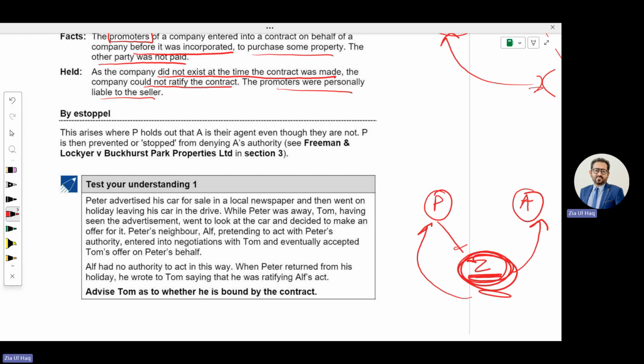Now the principal cannot deny that he is not my agent. Though he is not his agent, he cannot deny because he spoke out to the world that he is my agent. This is called agency by estoppel.